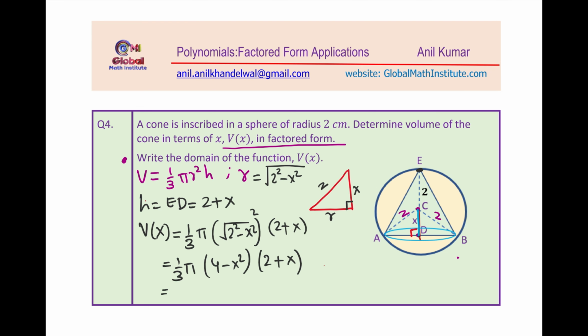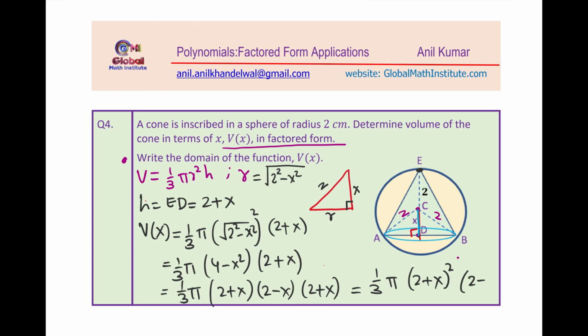Well, 4 minus x square can be written as 2 plus x times 2 minus x, and times 2 plus x. So in the factored form, I could simplify and write this as 1 by 3 pi, 2 plus x whole square times 2 minus x. So that is how we actually get our expression. So that is the factored form of the volume.